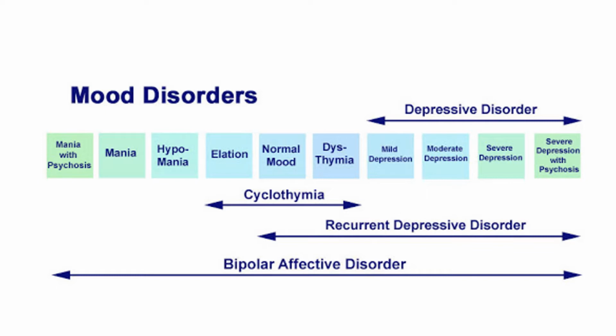Depressive disorder and the spectrum of severity is also listed there. Recurrent depressive disorder is very common in some patients. And bipolar illness has much more of a spectrum to it in terms of the degree of depression that they can develop, all the way to the degree of mania that they develop, compared to, for example, cyclothymia.